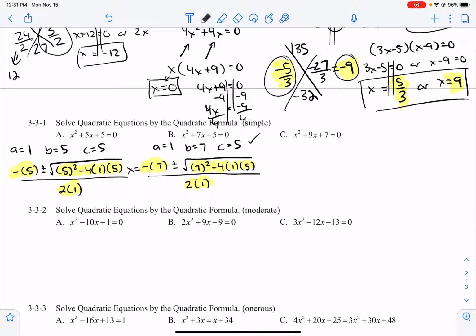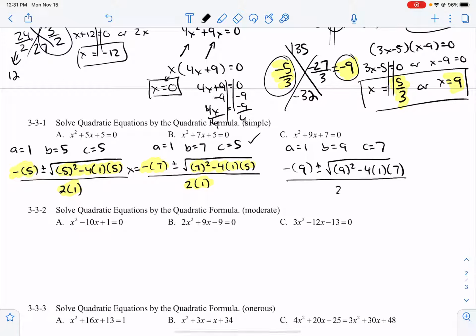All right, C. A equals 1, B equals 9, C equals 7. So negative 9 plus or minus the square root of 9 squared minus 4 times A times C, all divided by 2 times A. X equals. So when I clean this up, again, I'm going to clean up the inside of the square root, not the entire square root, just the inside.